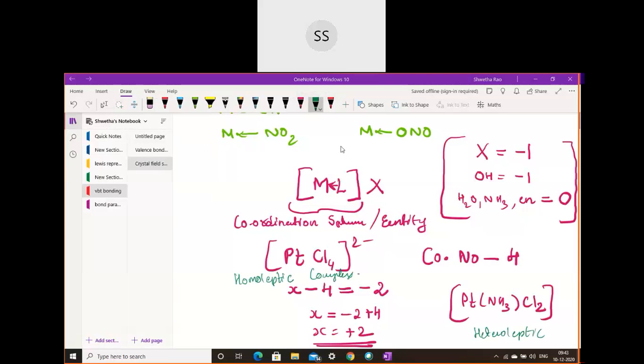Because the ions attached to the metal are of the same category. But if I take platinum with, say, HP and Cl2, what happens? The ligands attached to the metal atom are different. So these are named heteroleptic complexes. And Pt Cl4 is a homoleptic complex, because the ligands attached to the metal atom are of the same category.